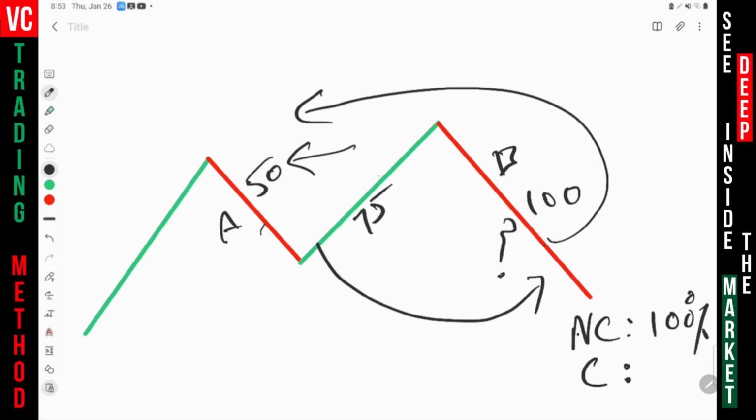Yes, almost. The length of this wave is 100, so 100 is almost 25% more of this wave. So the continuous comparison result will be almost 25.